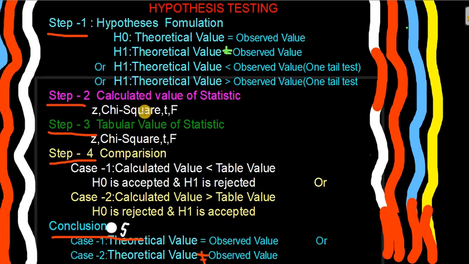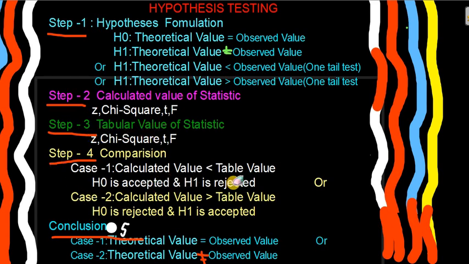The totality of all these steps: step number 1, hypothesis formulation; step number 2, calculated value using the statistics formula; step number 3, tabular value from the tables; step number 4, comparison of calculated value and tabular value.